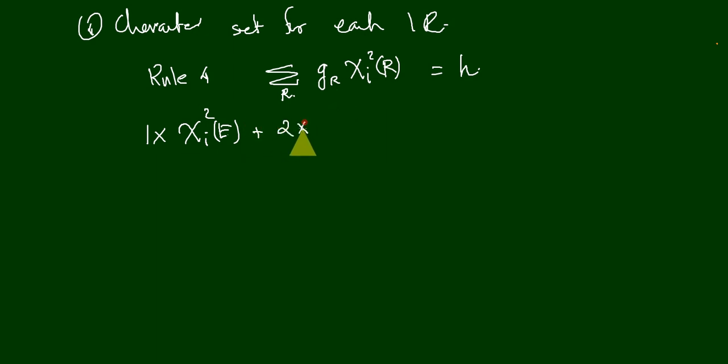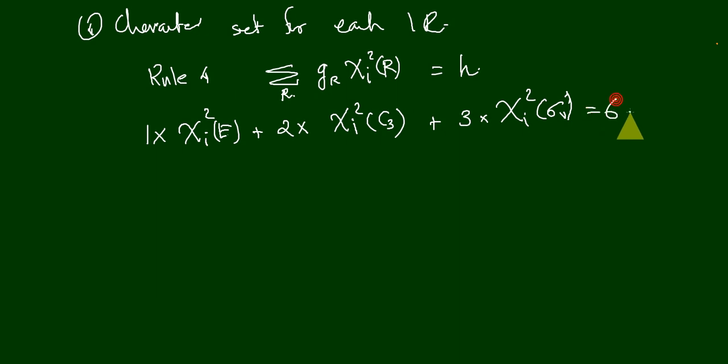Therefore, we have to write 2 into chi i square C3, okay, plus 3 into chi i square sigma v dash. Or for sigma v, you can simply write sigma v. This is equal to 6, okay. So it means that 1 into 1 square, because chi i E is equal to 1.